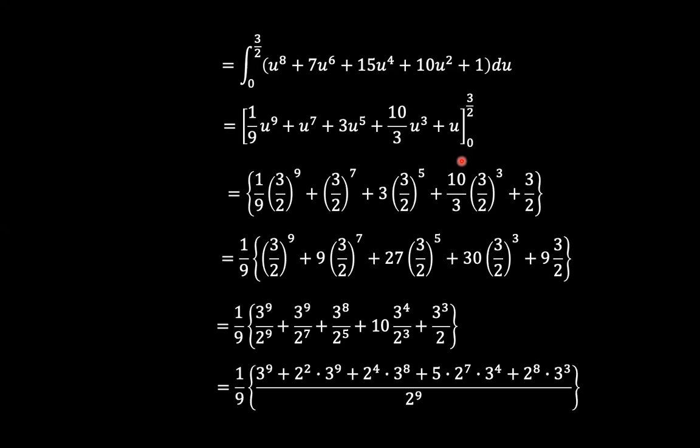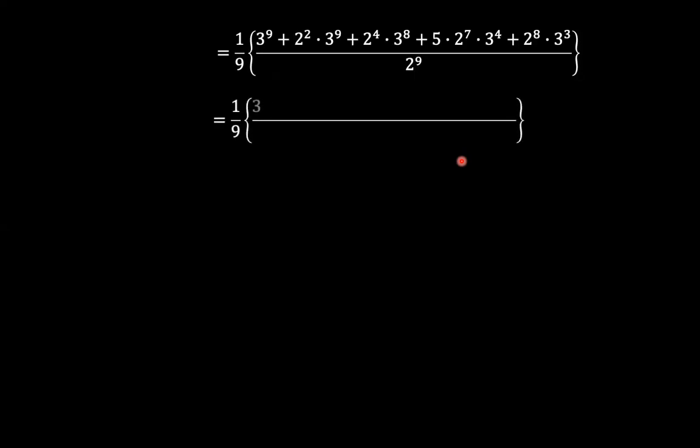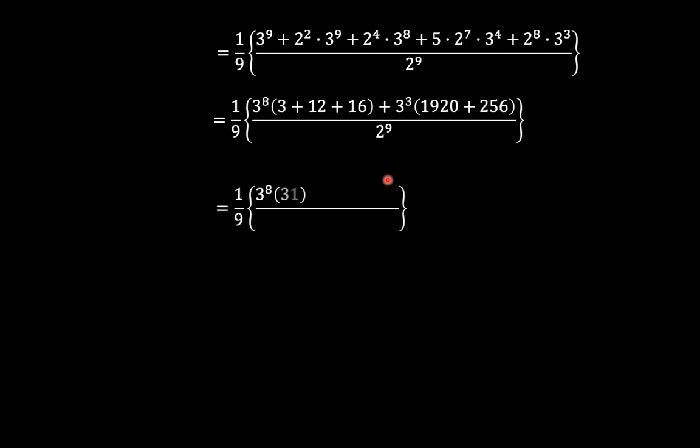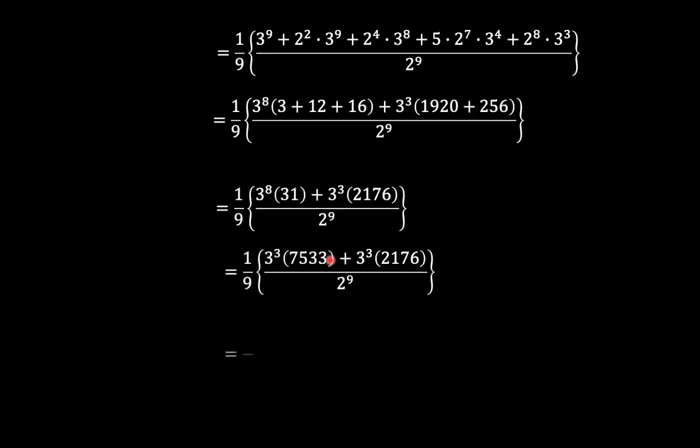Eventually, the numbers get simpler, and at a point, we get 1 over 9, 3 to the power 3, 7,533 plus 2,176 over 2 to the power 9.